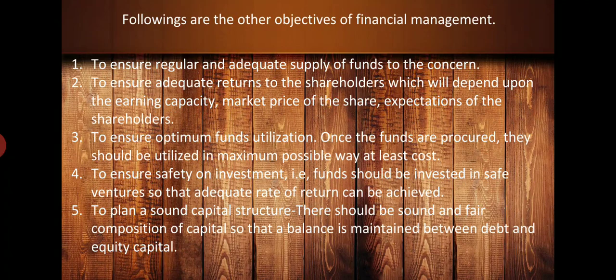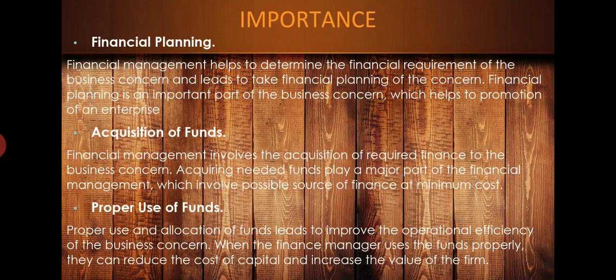There are other objectives of financial management also. Then we learned the importance of financial management: why organizations put additional importance and emphasis on the financial department, for the following reasons, or we can say the main importance of financial functions.